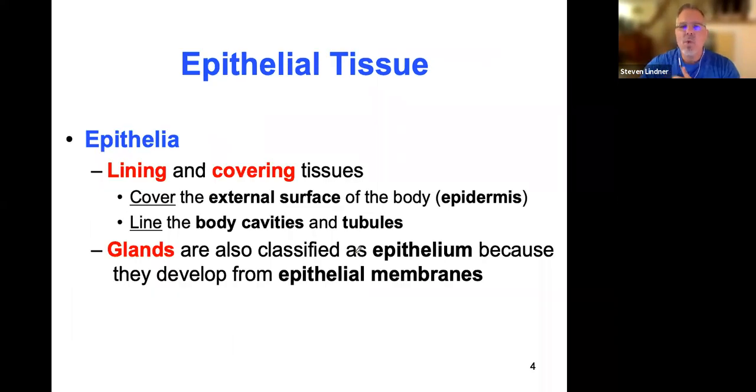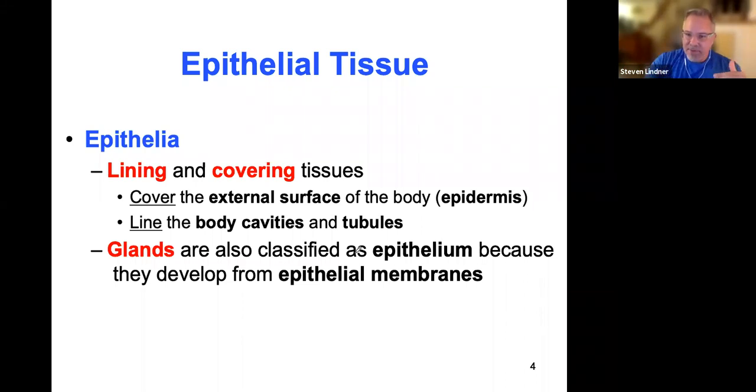Now, we're going to look at epithelial first, okay? When we look at epithelium, one of the key differences between epithelial tissue and connective tissue is how they look under a microscope.